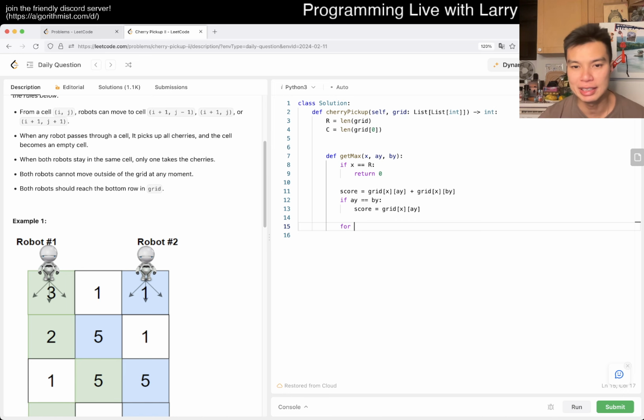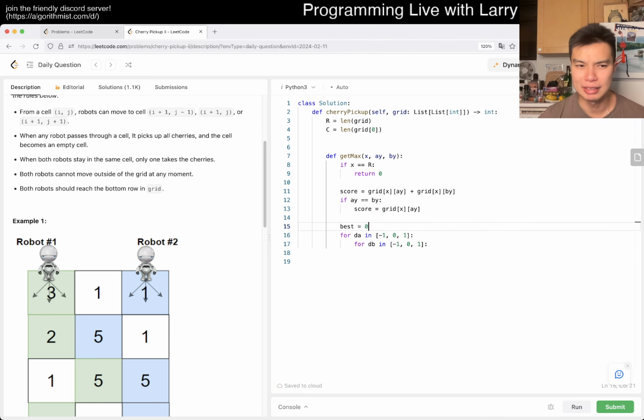The 3 dimensions. So dA, in range, just go left, down, right, and then dB is going to be also the same thing. This is the current score, and then you have the best.